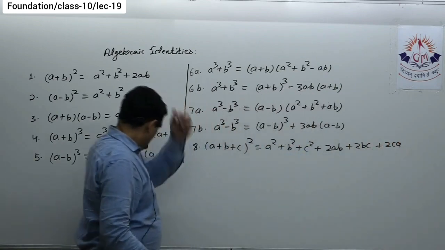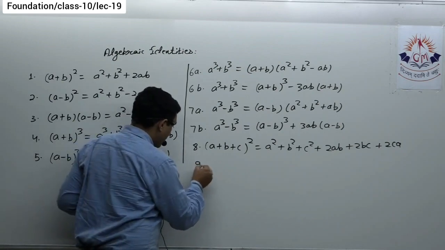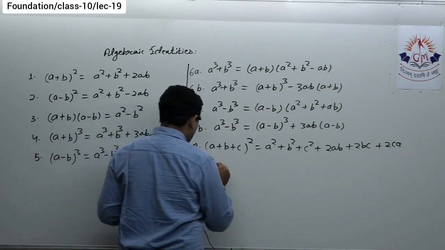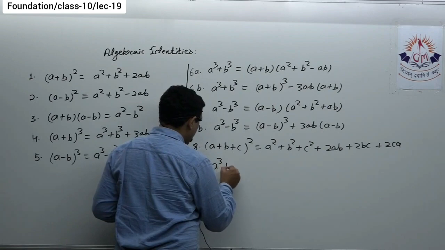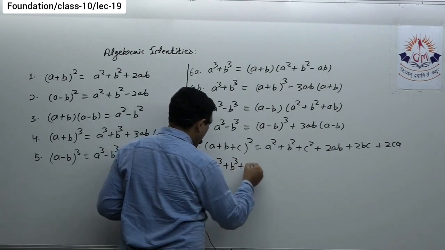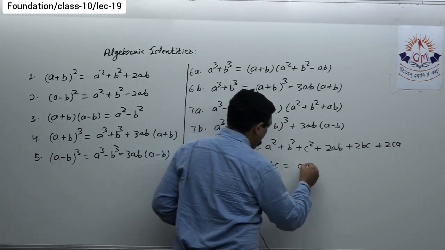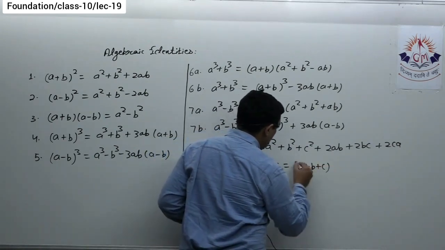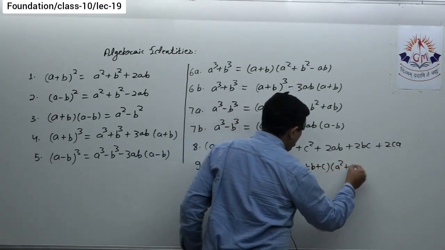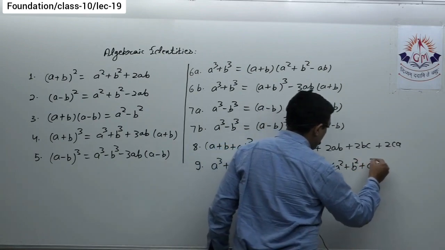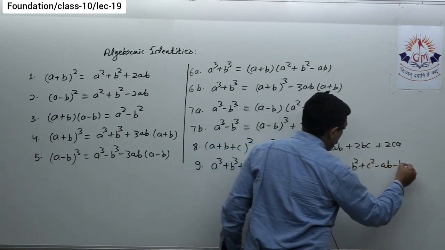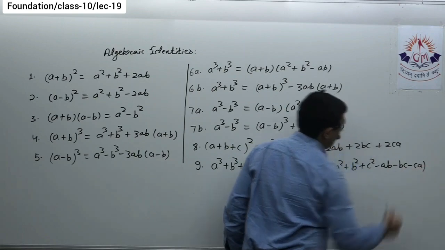Then one more identity: a cube plus b cube plus c cube minus 3abc is equal to (a plus b plus c) into (a square plus b square plus c square minus ab minus bc minus ca).